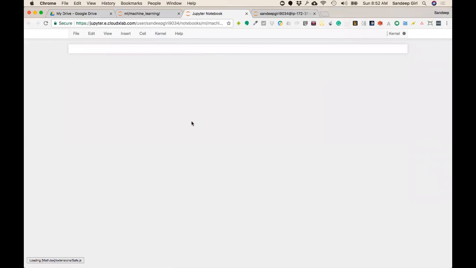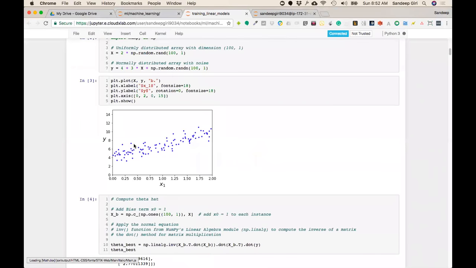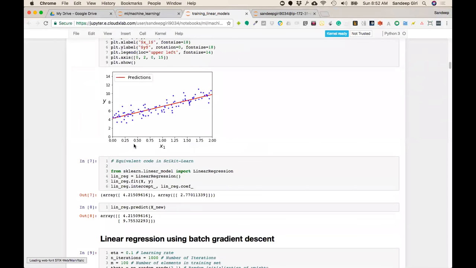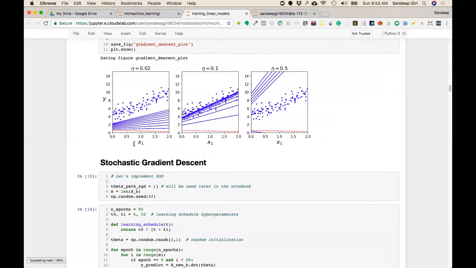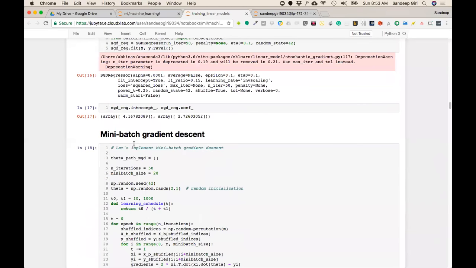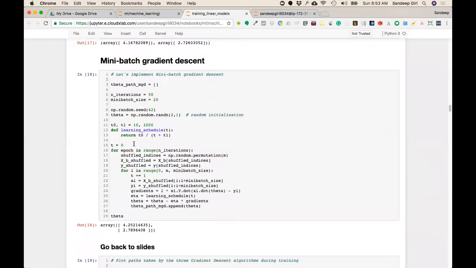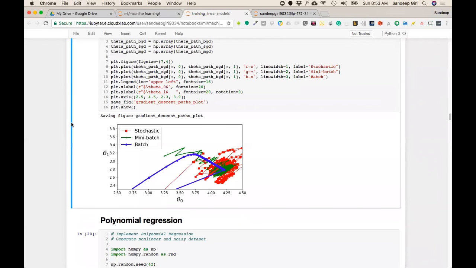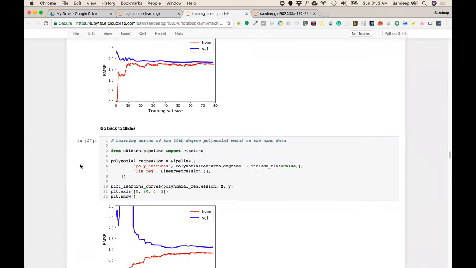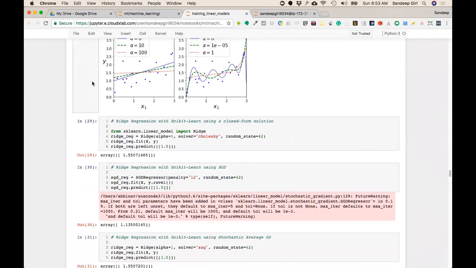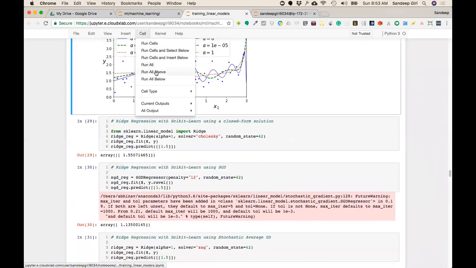I think we were trying to modify the notebook recently, and because of which some of the changes have gone a bit different. This is where we are. So what we're going to do is we are going to run all above.